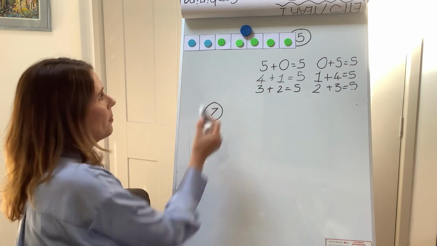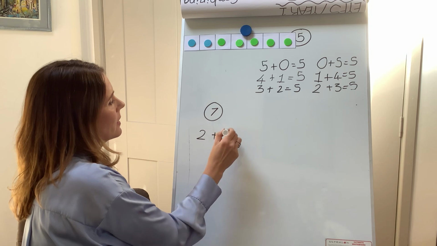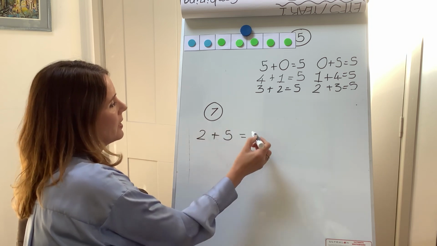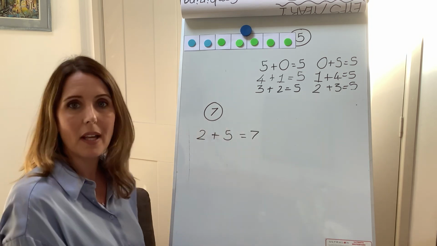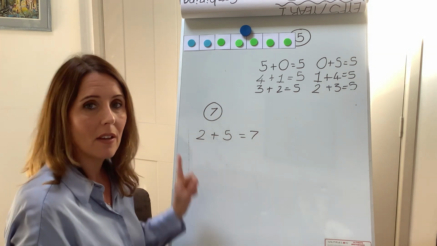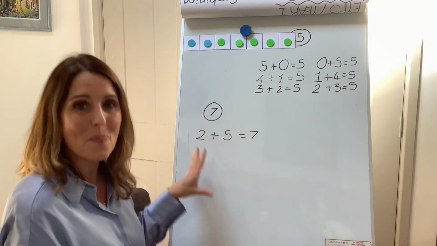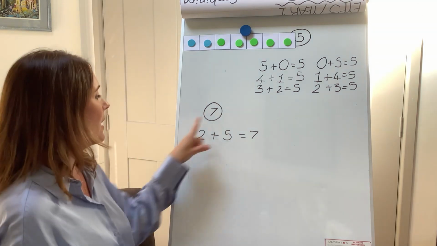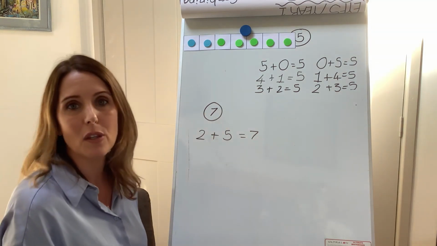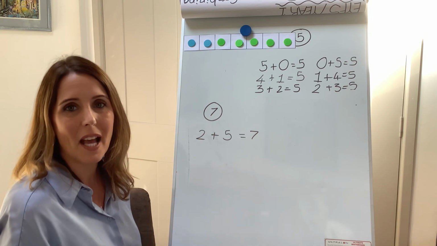So the first one might be 2 and 5. 2 add 5 is equal to 7. Can you find the other 3 number sentences to make the fact family for the number 7? So just pause it and have a go.